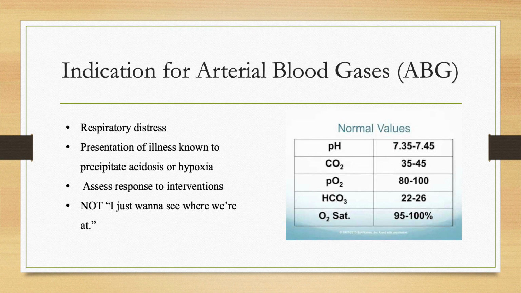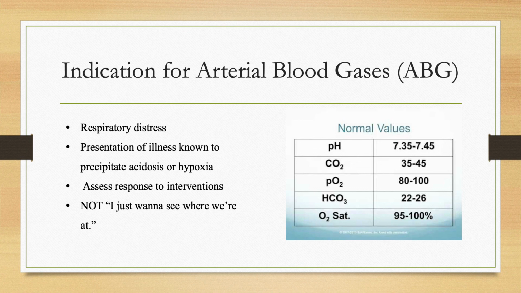And a lot of times when a patient's in respiratory distress, I find it kind of cruel to just see how bad it is, and I'd rather treat and then get the blood gas. And then if I'm not doing the job there, then I escalate what I'm doing, or make more aggressive treatment.